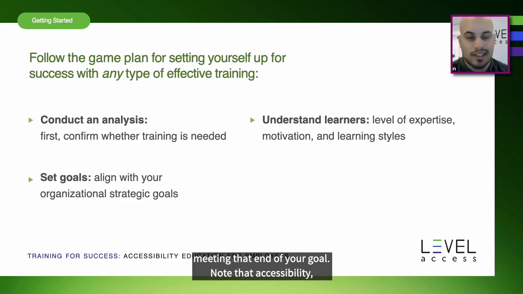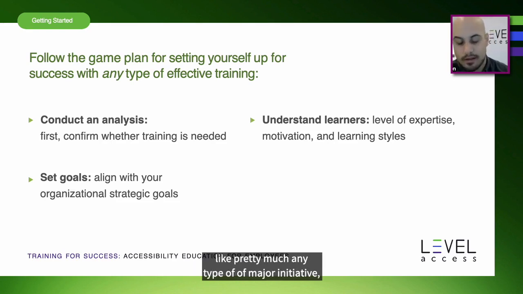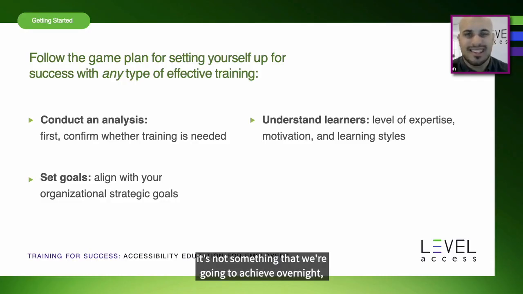Note that accessibility, like pretty much any type of major initiative, is not something that we're going to achieve overnight, nor is it something that we're going to achieve in a short period. We want to think long term when it comes to setting goals.